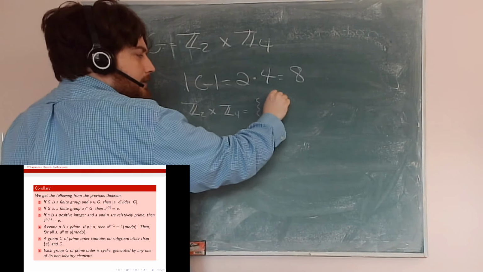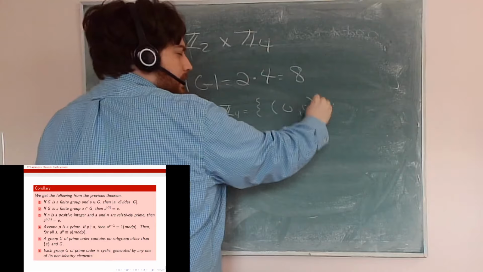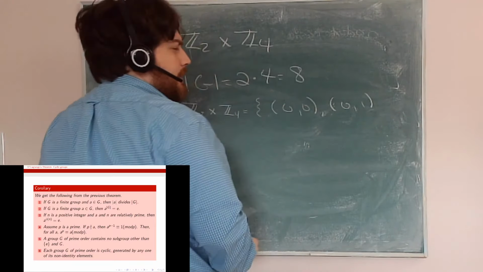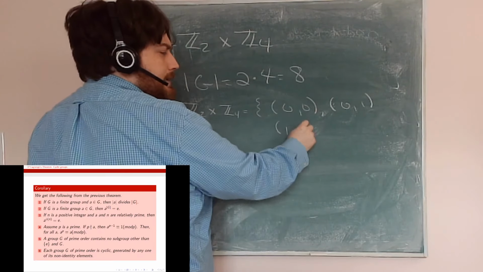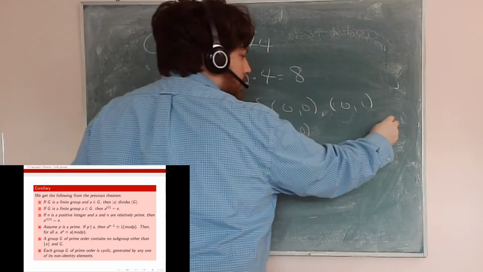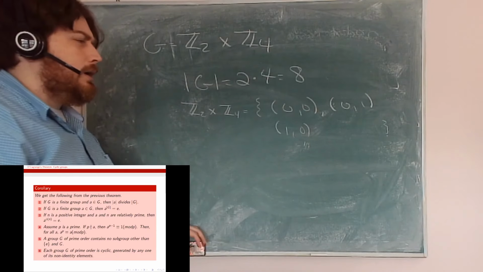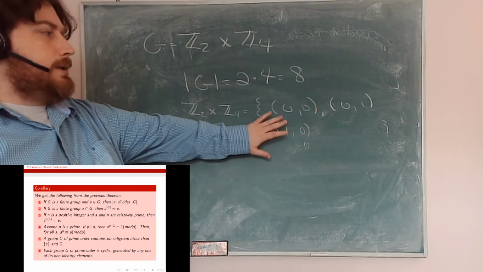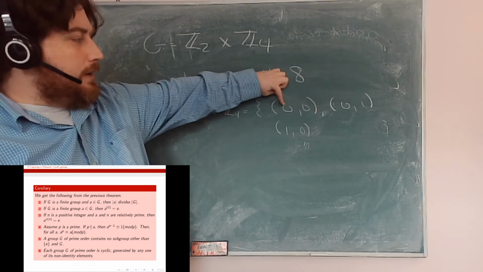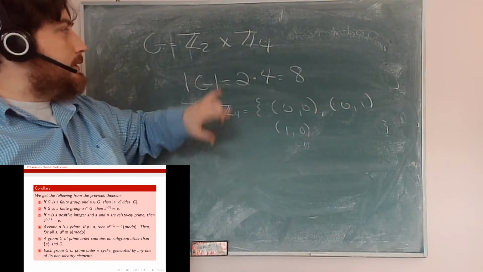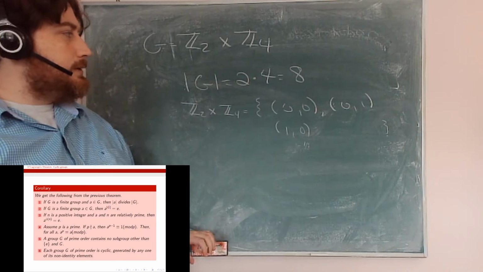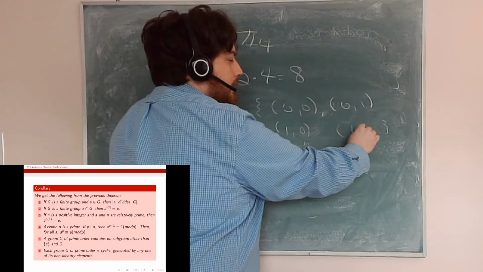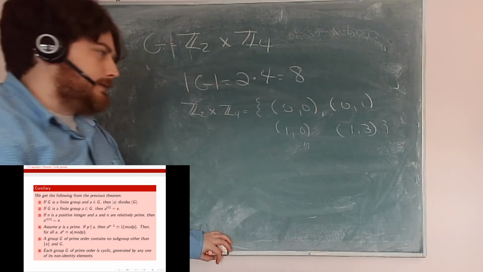I would get something that looks like (0,0), (0,1), (0,2), (0,3), (1,0), (1,1), (1,2), (1,3). I'm not going to write them all, but I wanted to at least give a representation of what these are going to look like: ordered pairs, where the first entries are in Z2, and the second entries are in Z4. So you could get something like (1,3) as well in there.